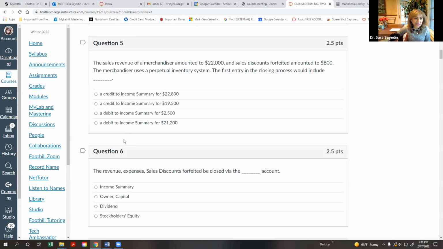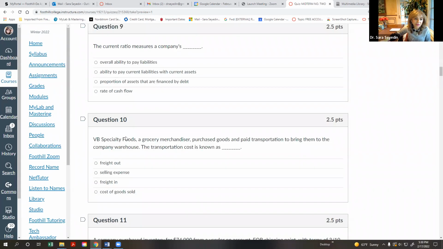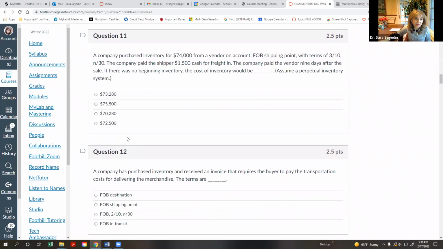Now let's take a look at a problem solving question. All right, so this is an example of a problem solving question. A company purchased inventory of 74,000 from a vendor, FOB shipping point. So a company is purchasing inventory, so you immediately put the buyer's hat on. So this question is about buying.